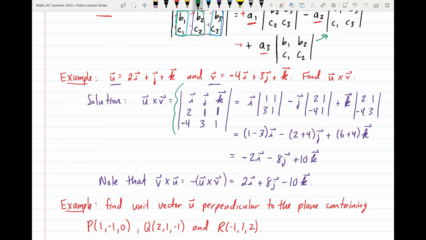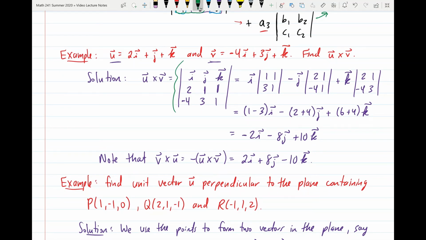The first component of u is 2, the second component of u is 1, the third component of u is also 1. The first component of v is minus 4, the second component of v is 3, and the third component of v is 1. And now we want to find the determinant of that matrix.